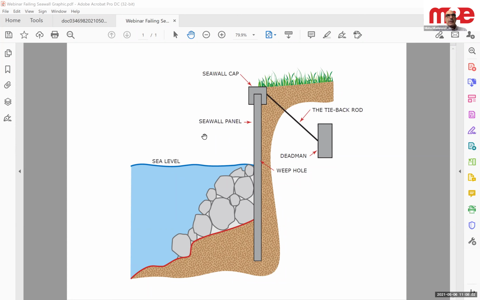Why is that an issue? Because your other structural component, whether it is a home or a condominium, counts on the seawall to act as a barrier between the soil on one side and the sea level on the other side.